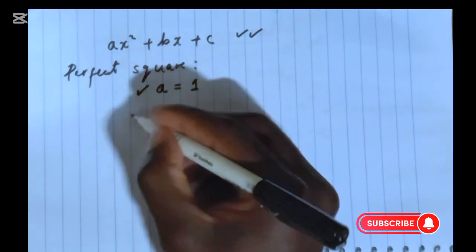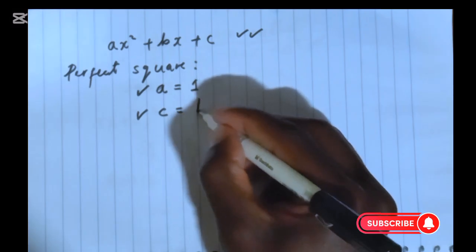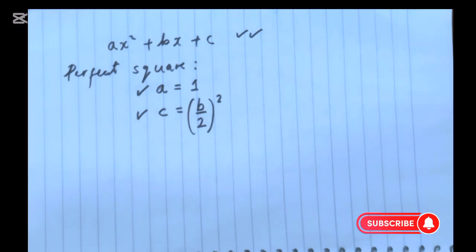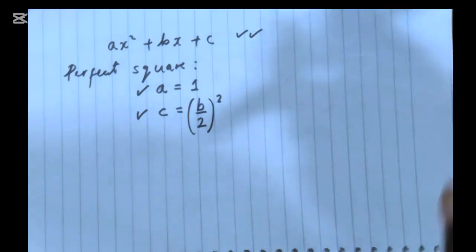Then 2, c will always be (b over 2) squared. So the value of c will always be the value of b divided by 2, and then you square it.